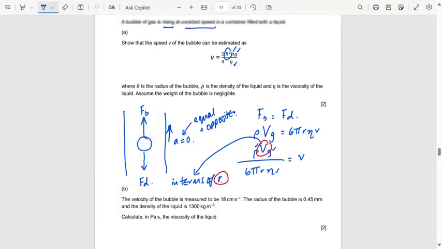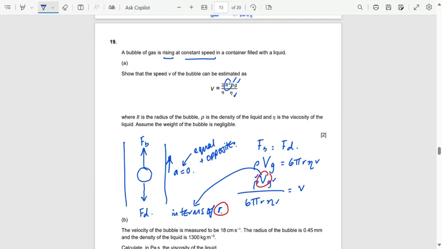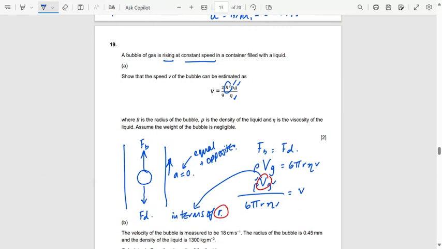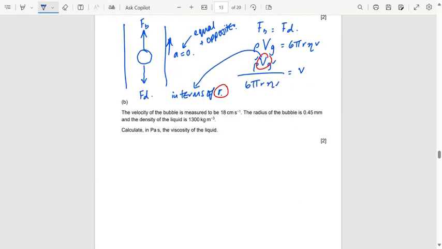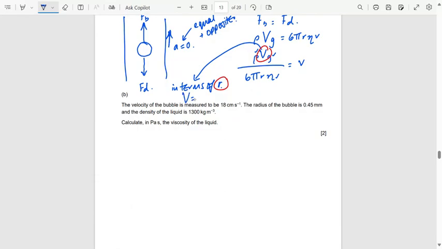Now I know that this is a sphere. We're told it's a sphere, because it is a bubble, and I know that volume is 4/3 pi r cubed. So now I'm going to go ahead and sub that in. So I've got density times 4/3 pi r cubed g over 6 pi r viscosity. So I'm going to cancel the pi's.